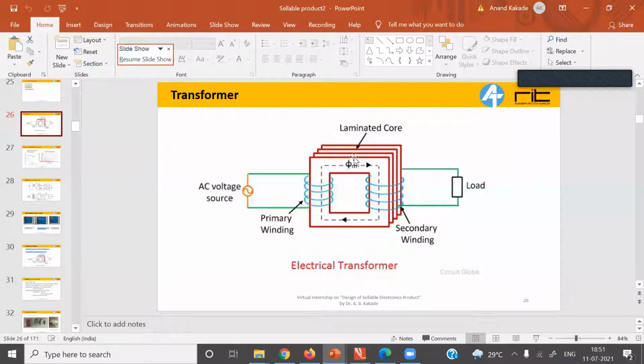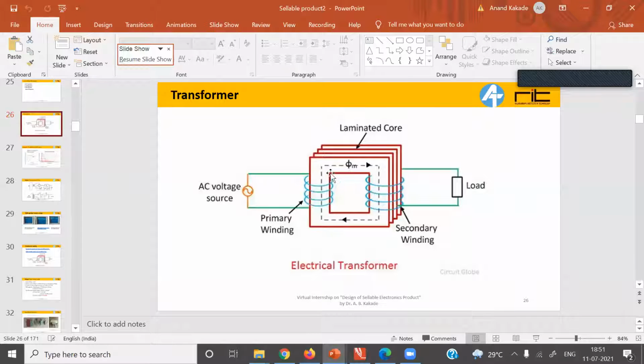This is the schematic diagram of conventional transformer. It has primary and secondary winding. So primary current is always affected by secondary current through mutual inductance. Whereas in current transformer, look at here, same magnetic flux is passing through primary and secondary. Whenever AC voltage is applied to the primary, it induces magnetic flux.